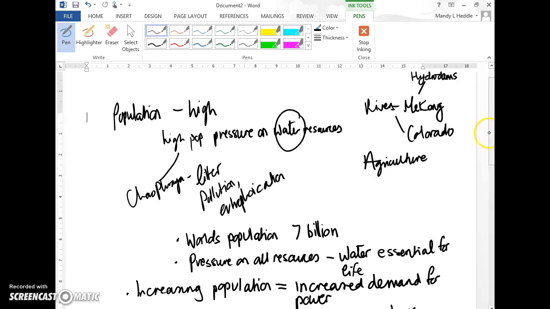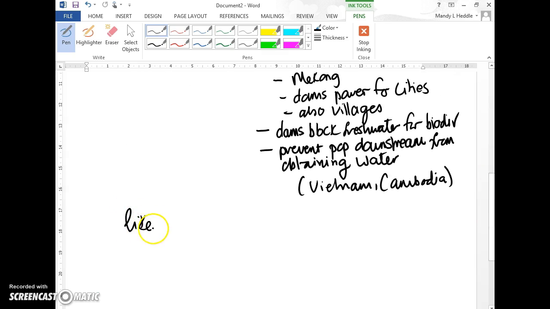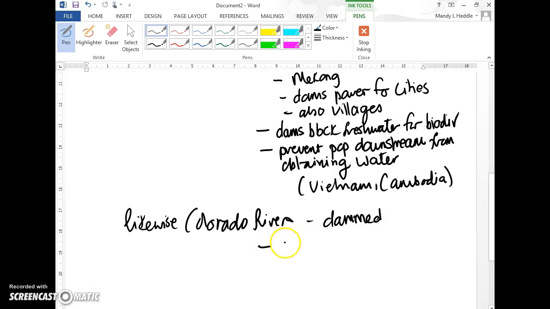Right. So now I can also talk about, likewise, the Colorado River. So the Colorado River has been dammed, and it doesn't even reach the sea, I could say that. But here I'm going to talk about diversions for agriculture, and irrigation.